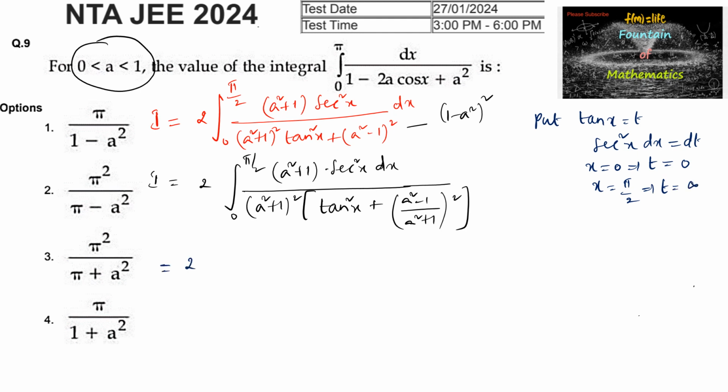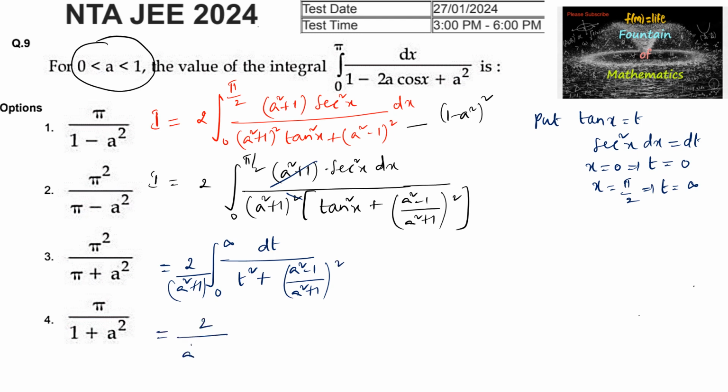So we can write 2 times integral 0 to infinity, and here a square plus 1 one time gets cancelled, so 2 upon (a square plus 1) into dt upon t square plus (a square minus 1) upon (a square plus 1) whole square. We know that integral 1 upon x square plus a square dx is equal to 1 by a tan inverse of x upon a plus c.